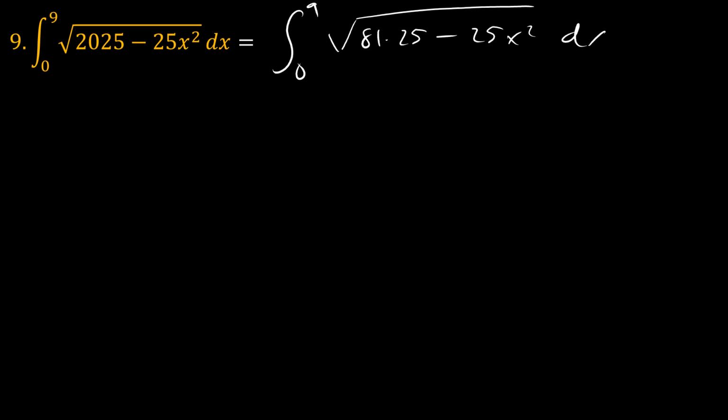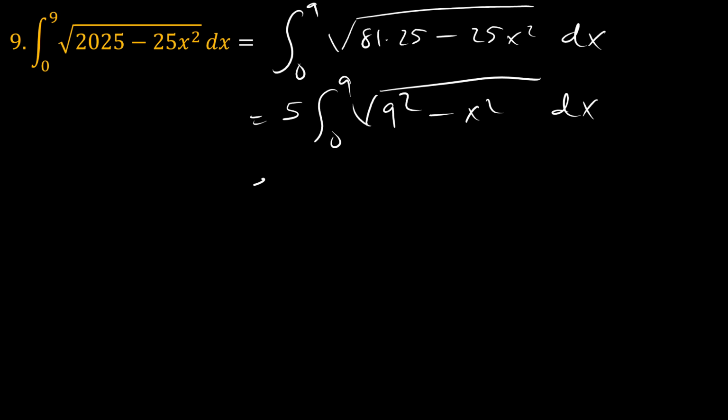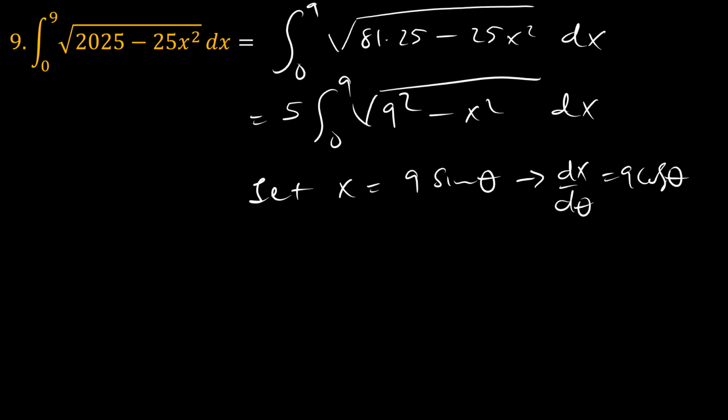So we can pull out 25 so that we have 5, 0 to 9, integral of square root of 9 squared minus x squared, and we'll just say let x be equal to 9 sine theta such that dx d theta is equal to 9 cosine theta, and so dx can be substituted off with 9 cosine theta d theta.